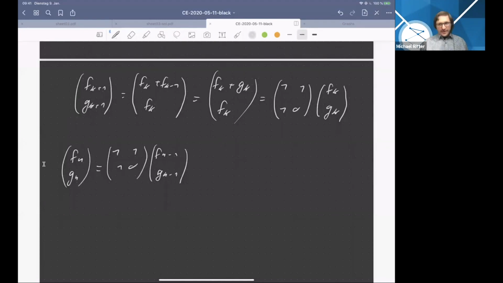Of course, we then can apply this definition once again. So we can say, well, this is the same as this matrix, and then instead of fn minus 1, gn minus 1, we can again write this matrix times fn minus 2, oops, sorry, gn minus 2.